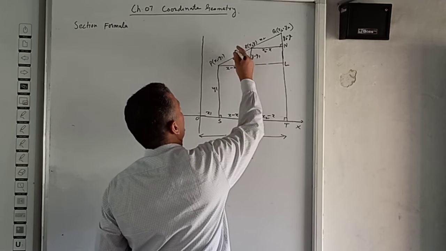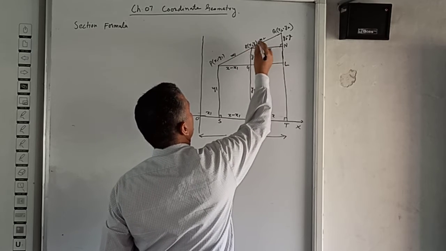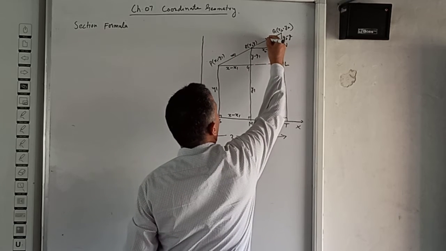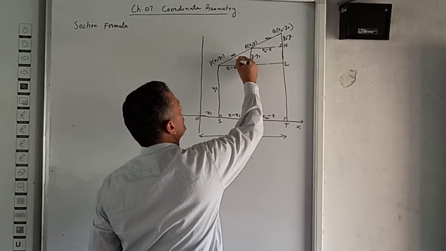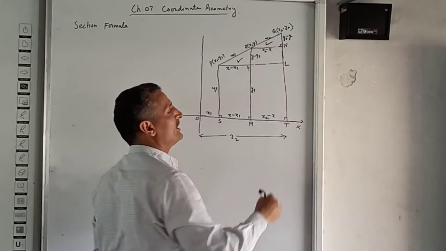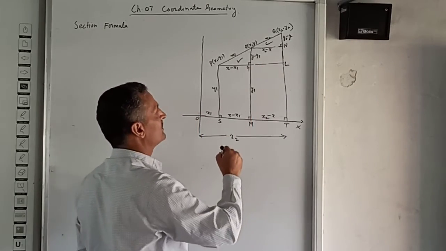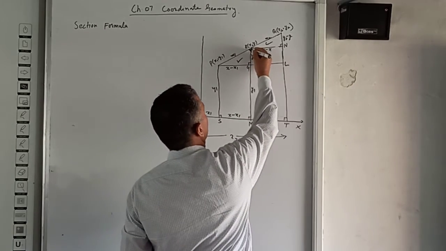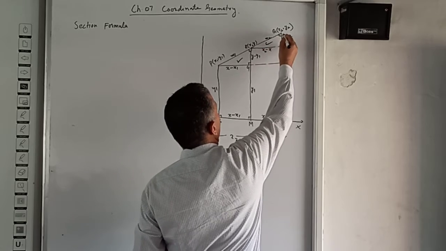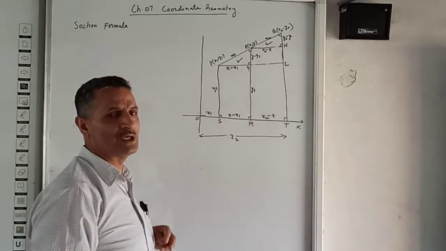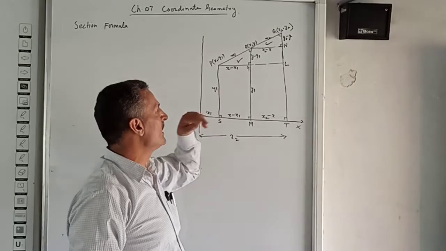This is M1 here. This is M2 here. You know these two triangles, this triangle and this triangle, are similar. Why similar? Because this is 90 here, this is 90, and this angle is this angle, corresponding angles. So these two triangles are similar.